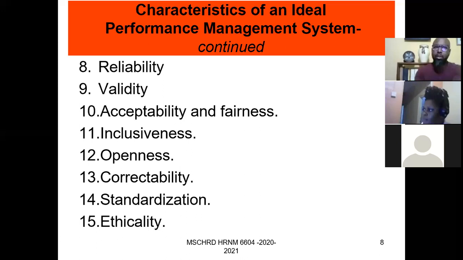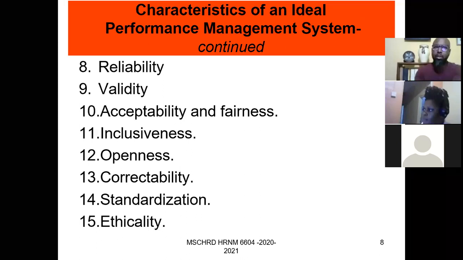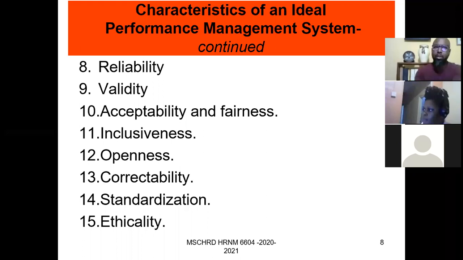Okay. And then we say that it must have correctability. By that we mean there must be a process in place by which things can be corrected. The system should not be what we call stagnant. You don't just put in a system and leave it there forever. As the organization grows or something changes within the organization, take for instance what is happening with COVID now, the process to do appraisals is going to have to change because many of you are working virtually, okay?